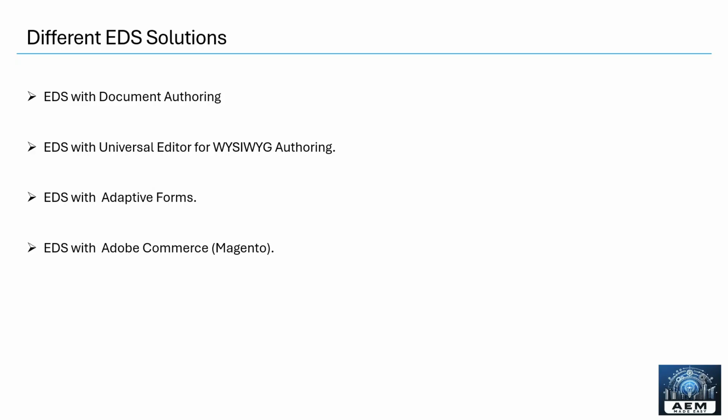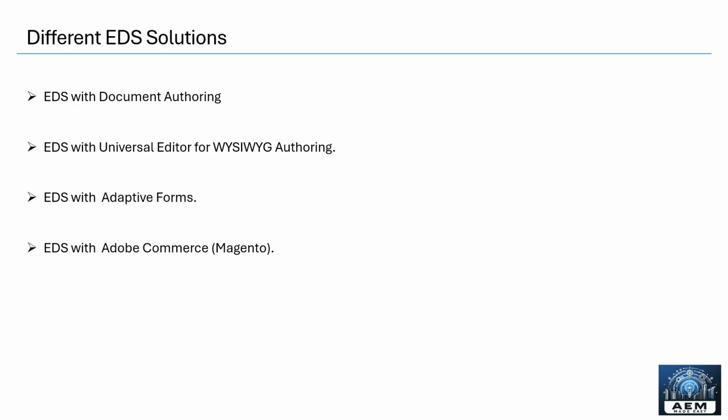Apart from that, if you are using the second flow, where you are consuming the content from AEM, there you can also use the adaptive form block, like when you normally drag and drop components. Similarly, you can do the authoring through Universal Editor using the adaptive form block.